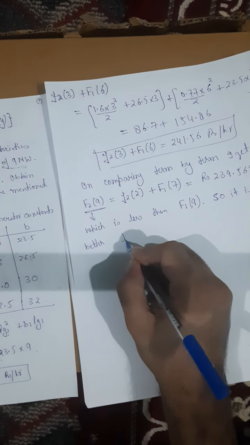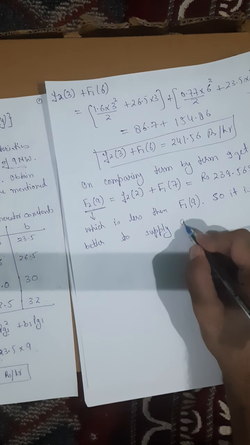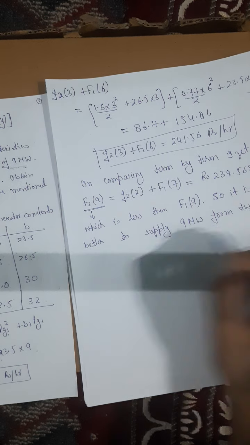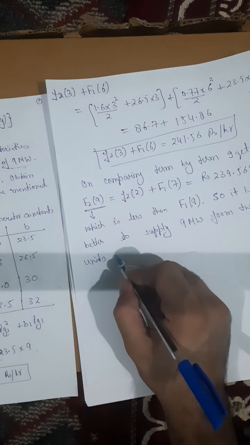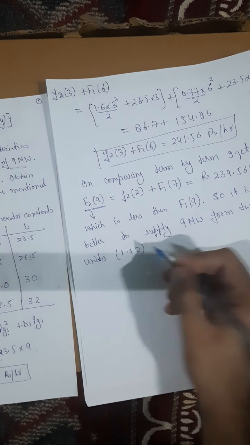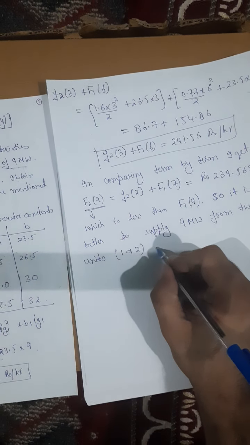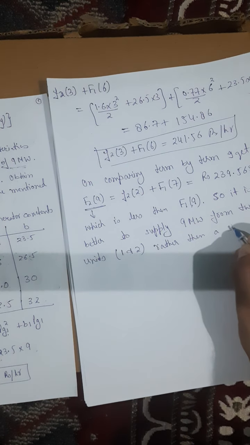So it is better to supply 9 megawatt from 2 units, units 1 and 2, rather than a single unit.